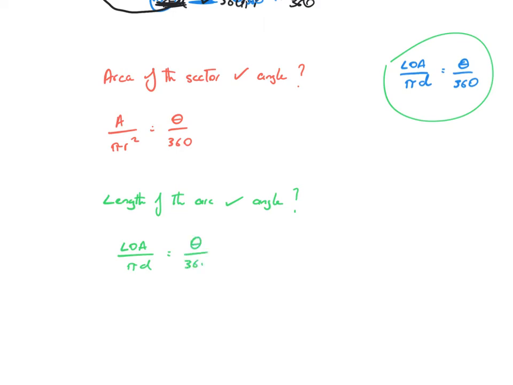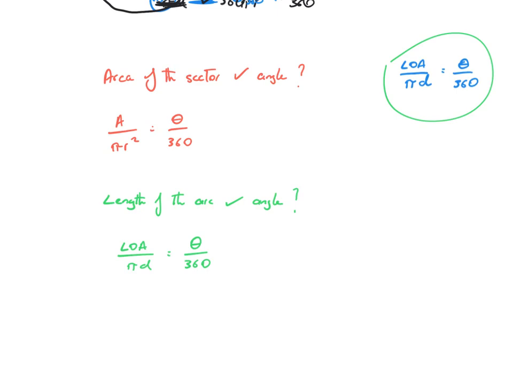Now we can see that both ratios have in common this theta over 360 bit. So we know that it's absolutely true that theta over 360 is equal to area over pi r squared, but we can also see that it's also equal to length of arc over pi d.